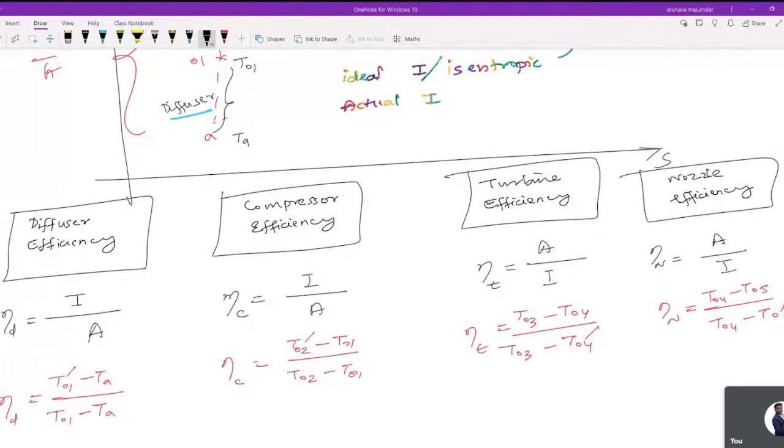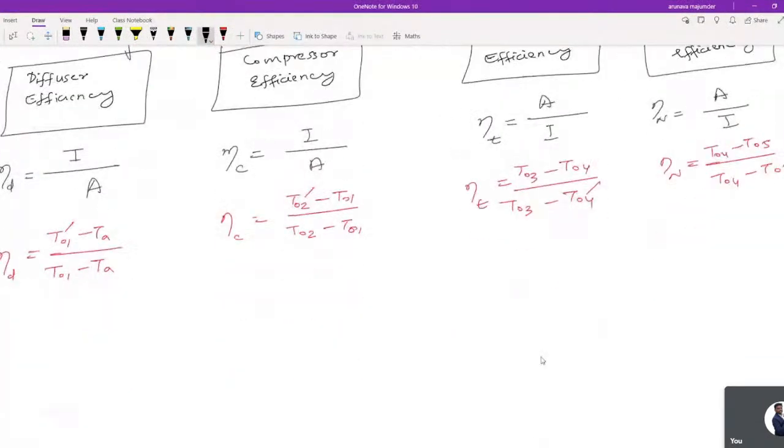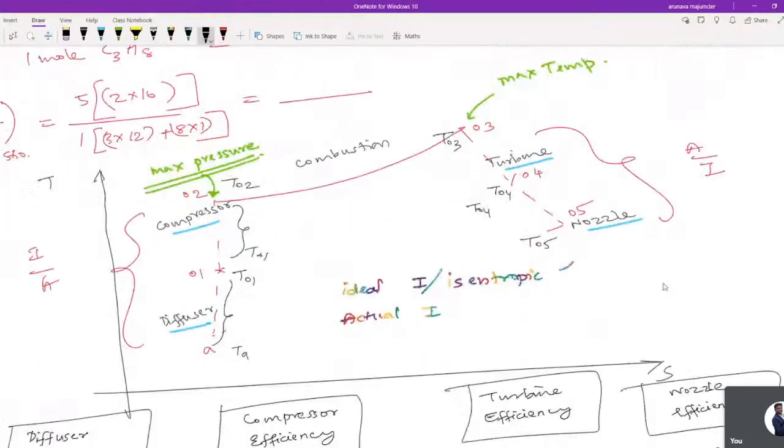Let me repeat the last one, let me write it here itself. So here what I'm doing, nozzle, right?